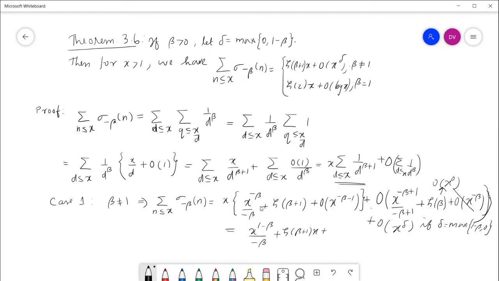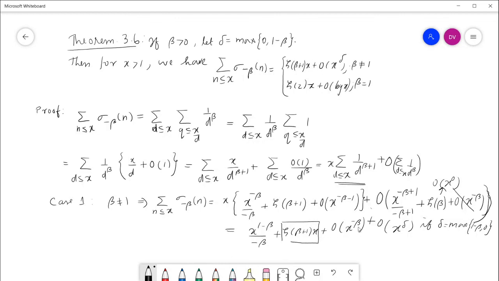This is a function of order x raised to 1 minus beta, and this is x raised to 1, and this is O of x raised to minus beta. So among these three, if we leave this term, these two terms constitute O of x raised to delta, where delta is the maximum of 1 minus beta and 0. So among this we can say that O of x raised to delta will dominate.